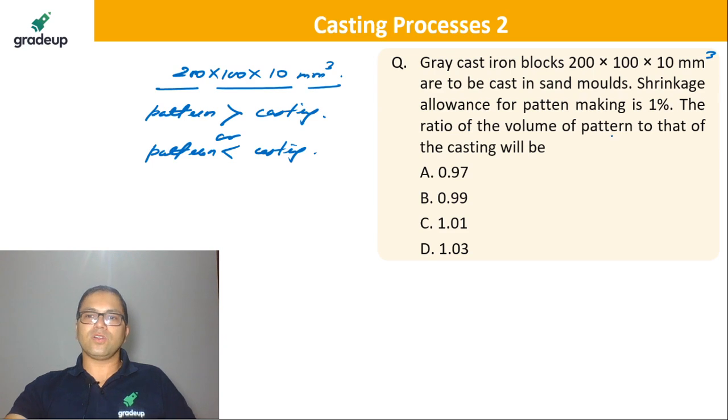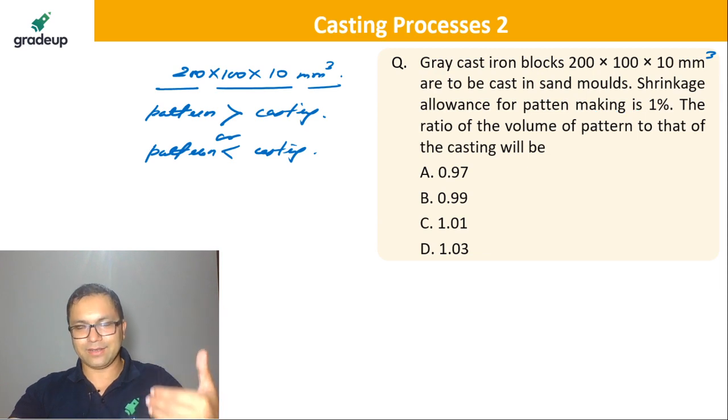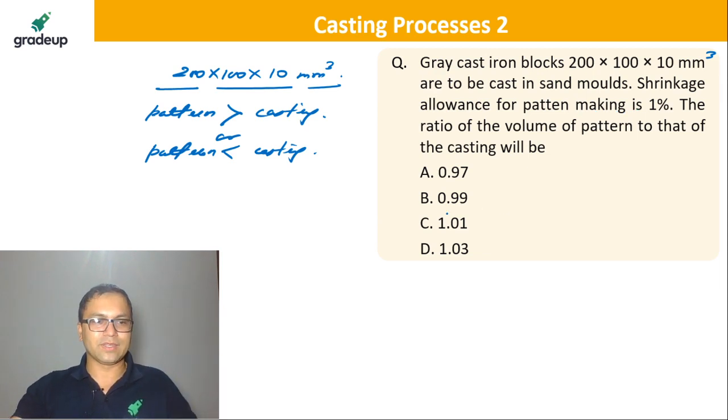So the ratio of volume of pattern to that of the casting will be what? Is it 1.0? Now please tell me, is it volumetric allowance or a linear or dimensional allowance? That's going to be bigger, right?